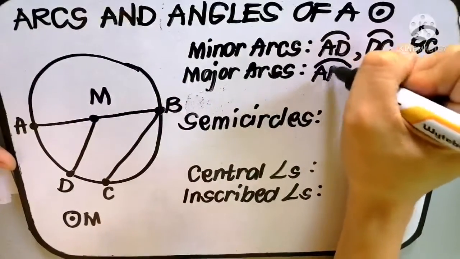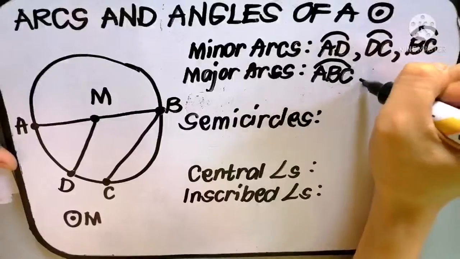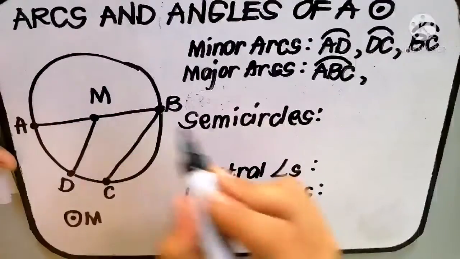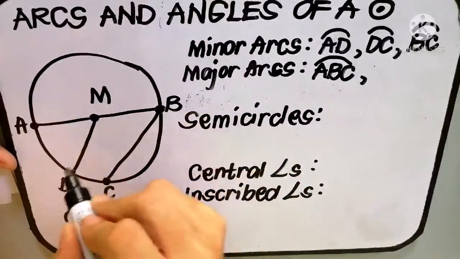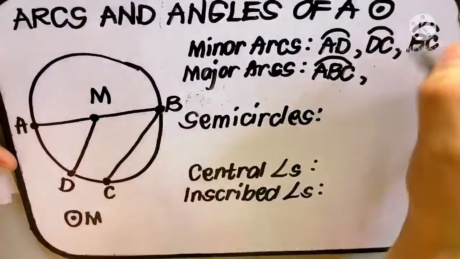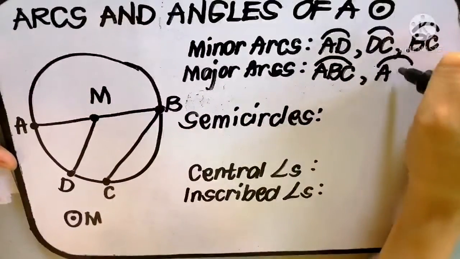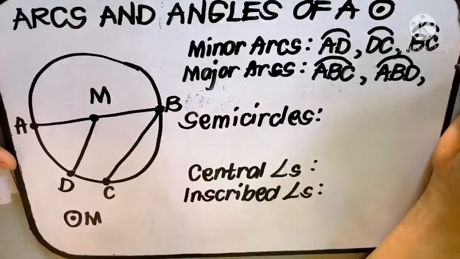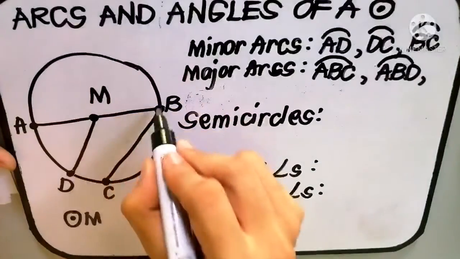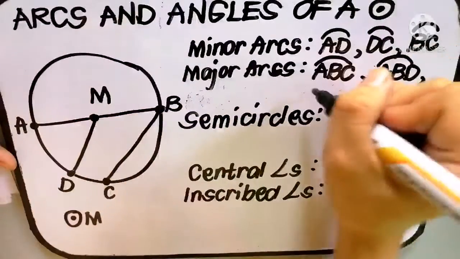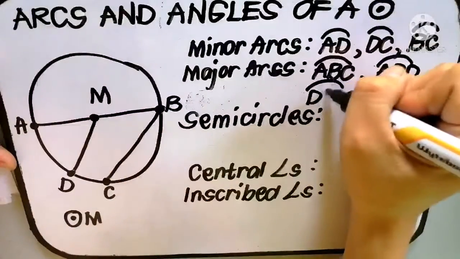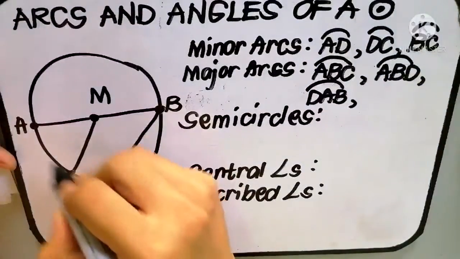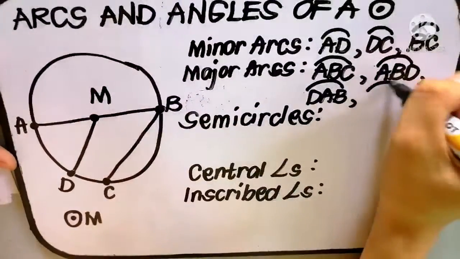It is more than a semicircle, more than half of a circle. We also have major arc ABD, major arc DAB, and major arc DBC.